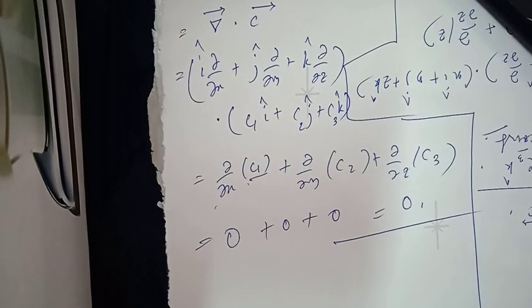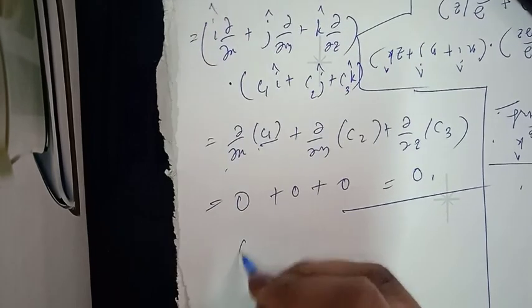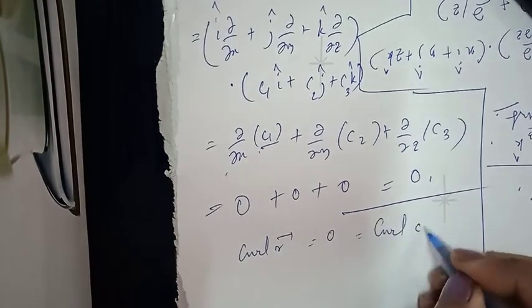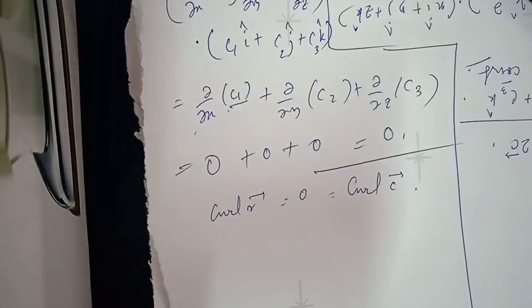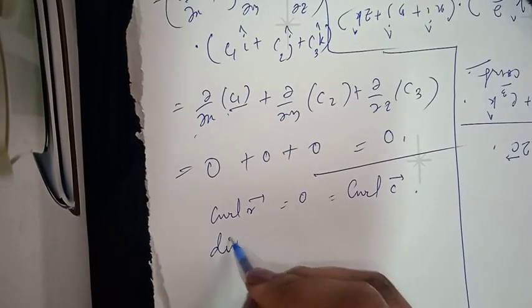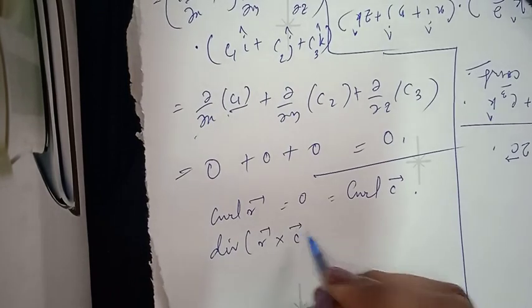So next two I'm leaving as homework, that is curl R will be 0 and curl C will also be 0. Now let's prove the next one, which is divergence of R cross C will be equal to 0.